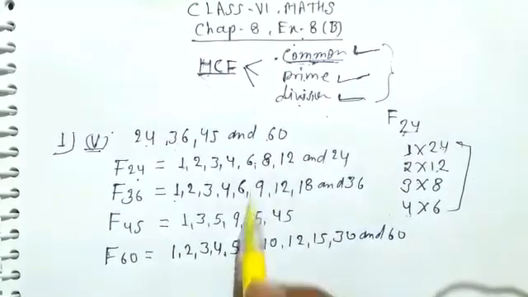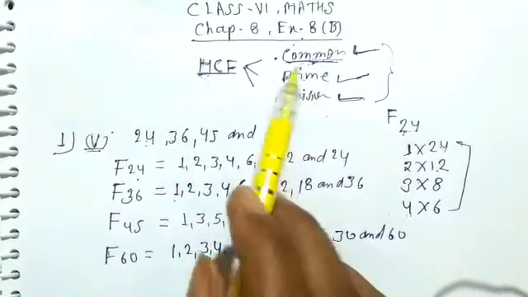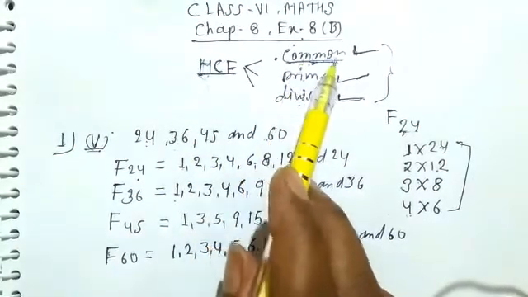So these are all the factors of the given numbers according to the common factor method.